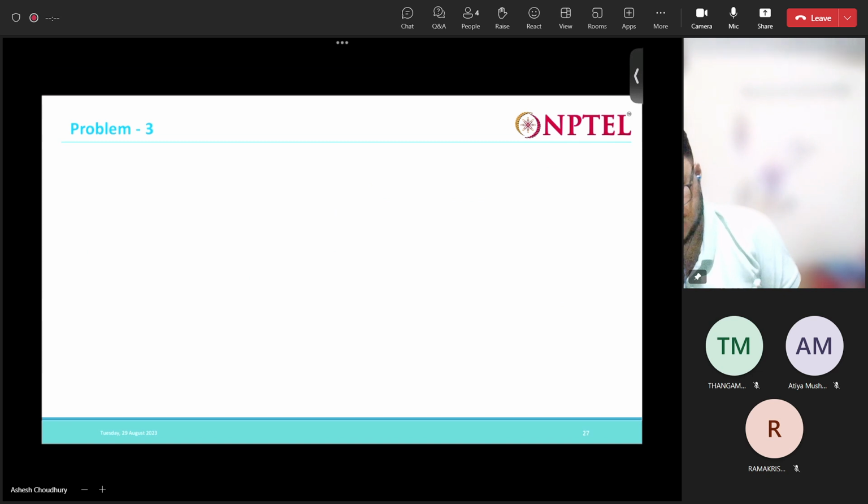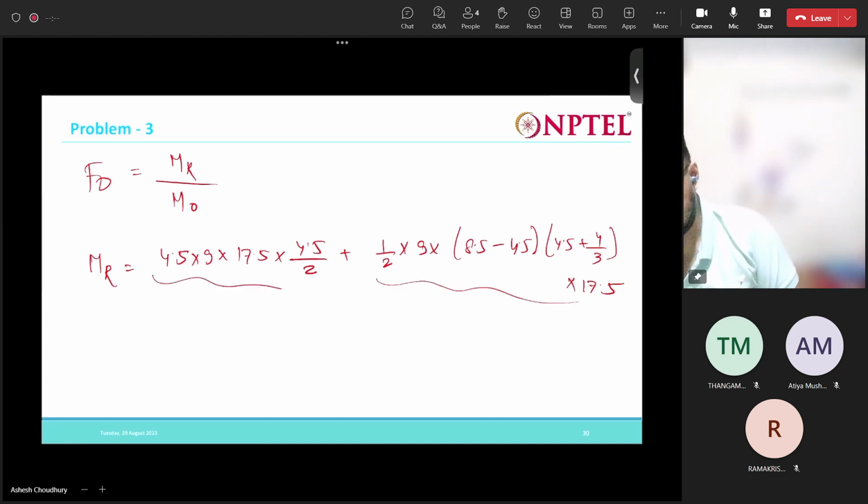I hope you understand this part. This is the weight of the first block, and the other part they have considered as a triangle. So these two weights, times the lever arms, will give you the resisting moments. Weights times the lever arms is nothing but the moment.